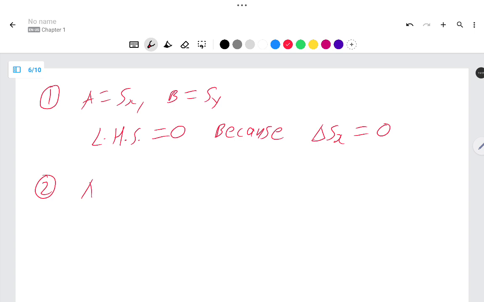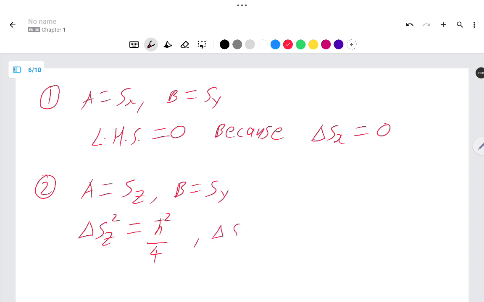In the case when A is Sz and B is Sy, at that time you know that the uncertainty delta Sz squared is h squared by 4, and the expectation of Sz is 0.